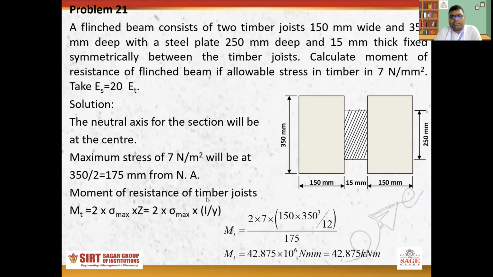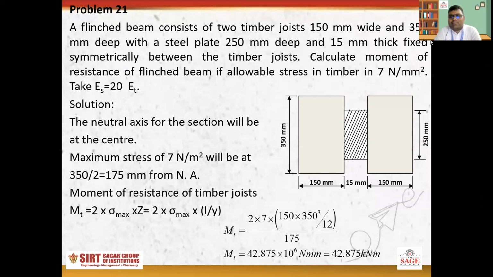So the ratio of E_S upon E_T, we also know, is said to be the modular ratio, and we are representing the modular ratio by small m here. You can see the dimensions are already given.